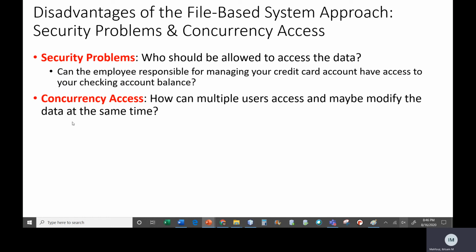So when more than one person is accessing the data at the same time, who's going to do their transaction first, if one transaction depends on the other, for example? This is another issue that we have with the file-based system: how should people access the information at the same time?